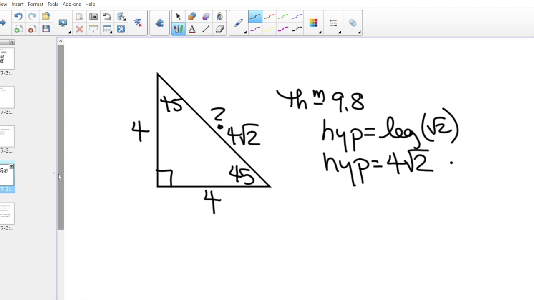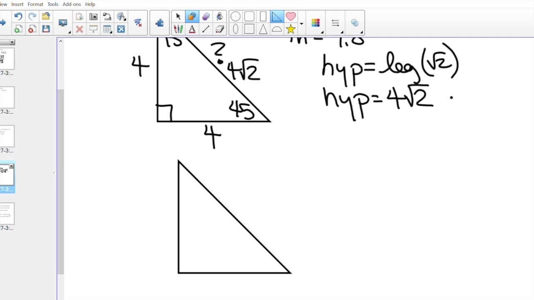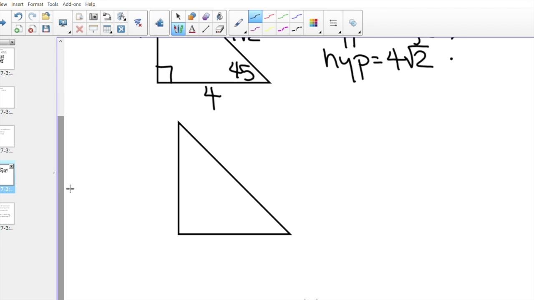And then we're going to invert that. Again, this may not look like an isosceles right triangle, but by putting 45 and 45, and let's say the length of the hypotenuse is 4. And we want to determine what is the length of the leg.